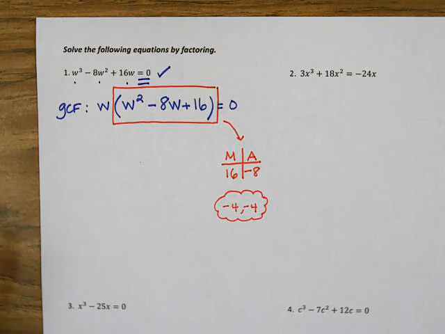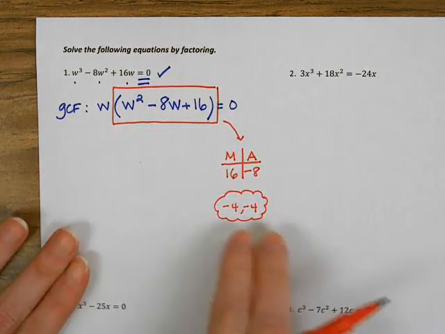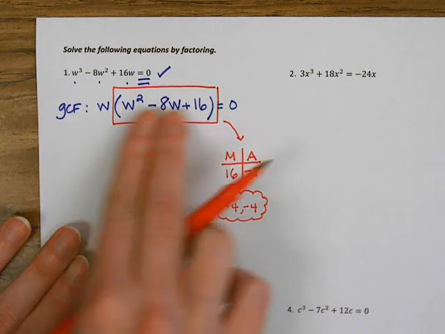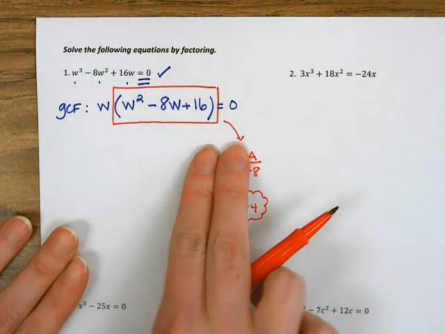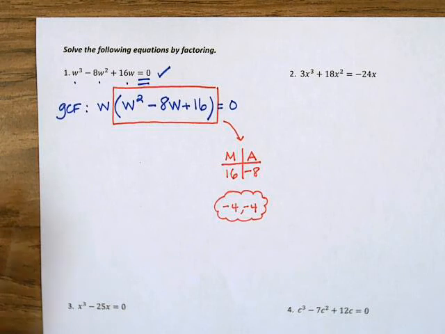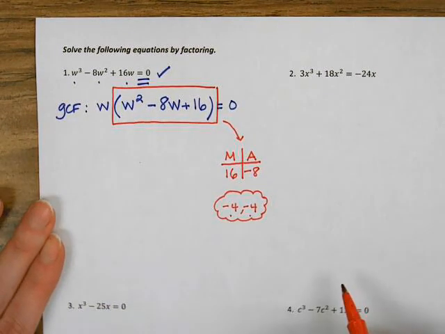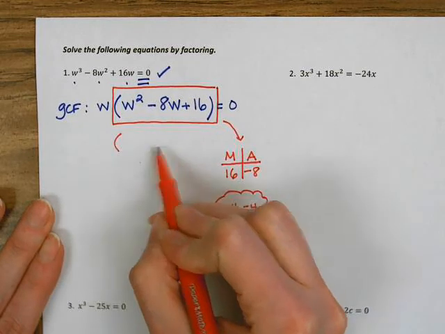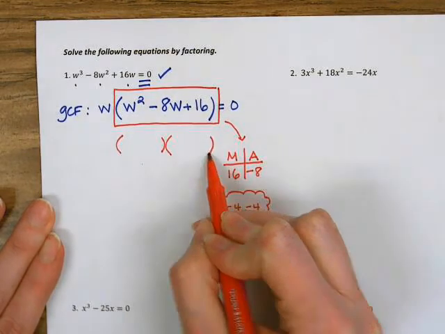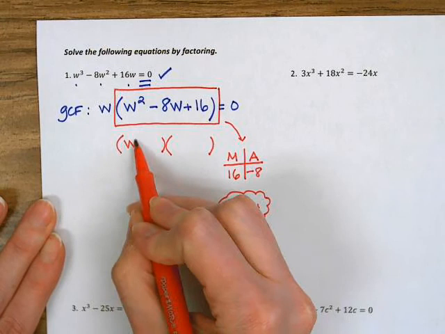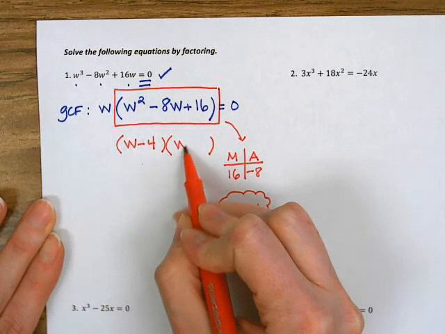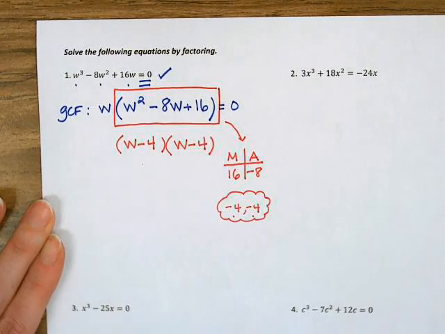Now I'm going to show you guys the shortcut because I know you guys can plug them into the middle and factor by grouping, but now that we're good at that, it's time to learn the shortcut. If you get -4 and -4, then when you factor, it's W minus 4, W minus 4.